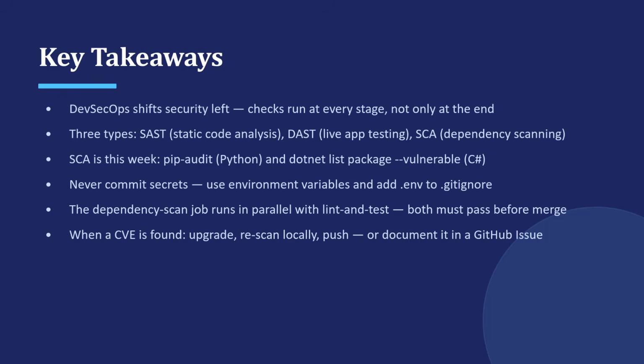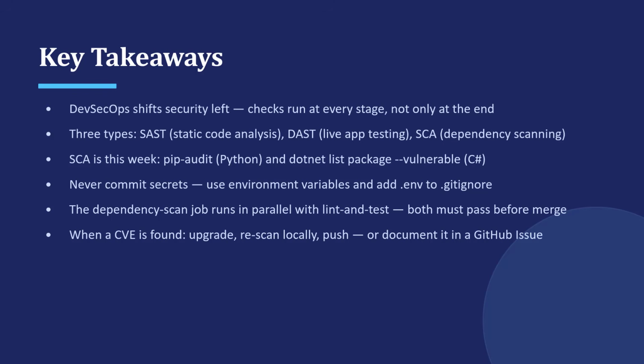So let's get into some key takeaways. DevSecOps might be a brand new idea, with a lot of new terminology, but it integrates security into every phase of development rather than treating it as a final gate. And we take that idea of shifting left down that set of steps from planning through to release, to put security more in the forefront of the mind as you go instead of it being just at the end.